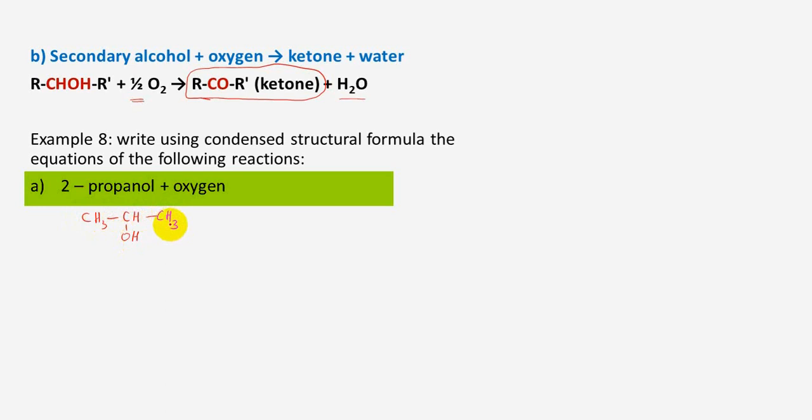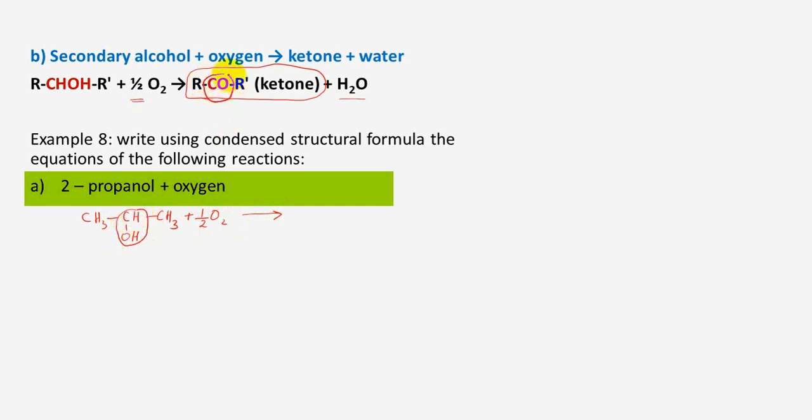Then we have a secondary alcohol. When a secondary alcohol reacts with oxygen, I write half O2. For the product obtained, we only change this functional group into a carbonyl group.